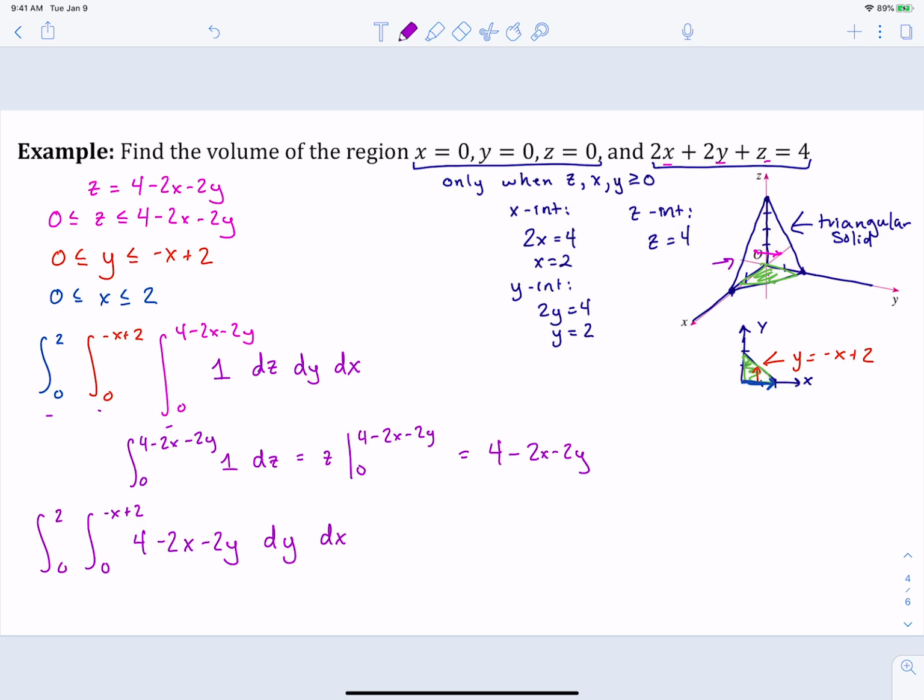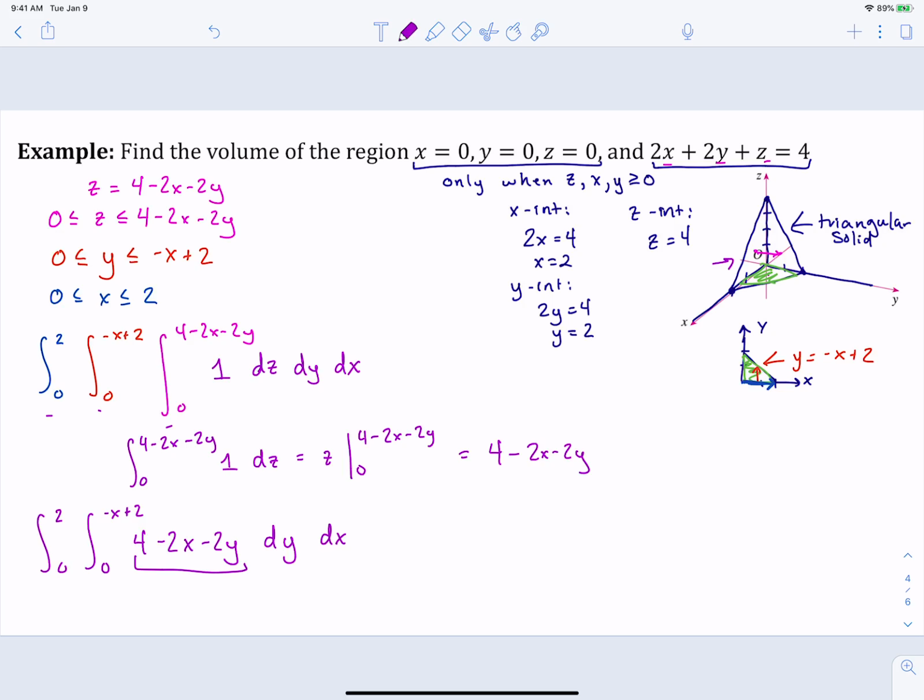And this gives us a way that if it's easier to set this up, not starting with z first, but maybe starting with y or x, depending on the functions that we're given, it might be easier to set it up that way. So this just gives us some options with our limits of integration. And now we can go about this double integral.